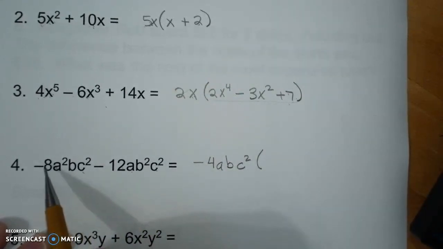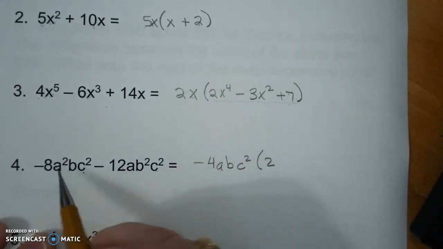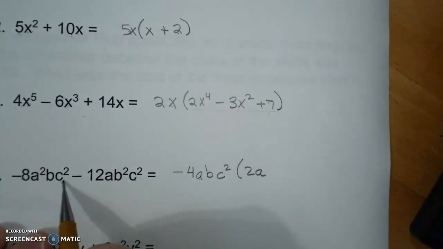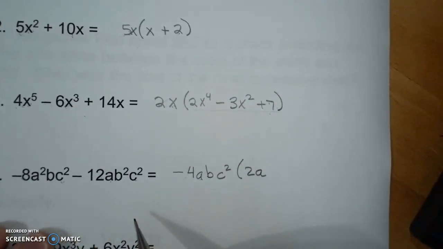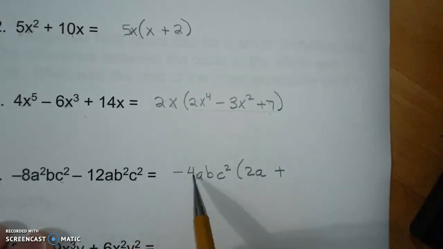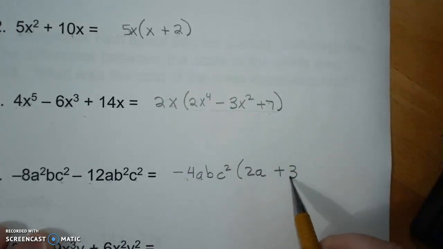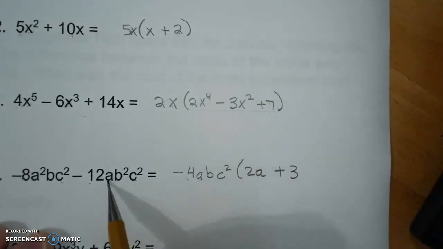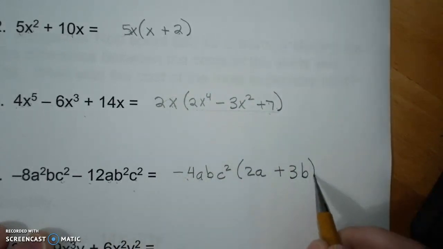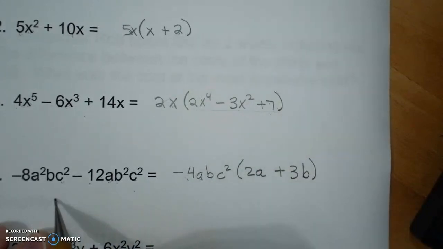Negative 8 divided by negative 4 is 2. 1 of them here, 2 of them here, 1 stays in. The b came out, and the c came out. Positive. Negative 12 divided by negative 4 is positive 3. The a came out, 1 of the b's came out, and all of the c's. And if I went back in and distributed, I'd end up back here.